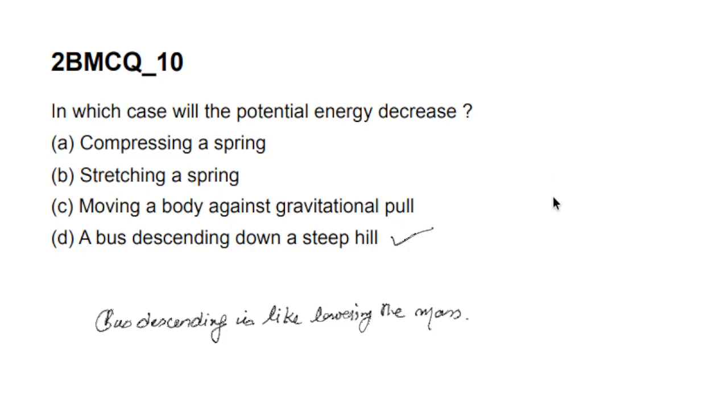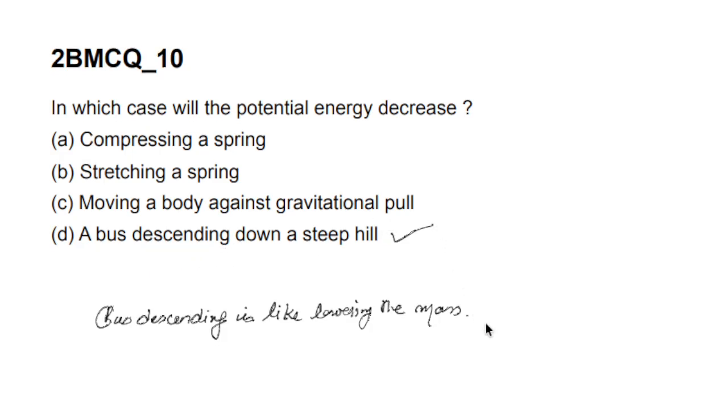If we raise a ball and put it on a building roof, we say the potential energy has increased. And if we lower this ball here, here, here, then we say the potential energy has decreased. That is similarly what is happening with the bus. It is descending, coming down, so there will be a decrease in potential energy.